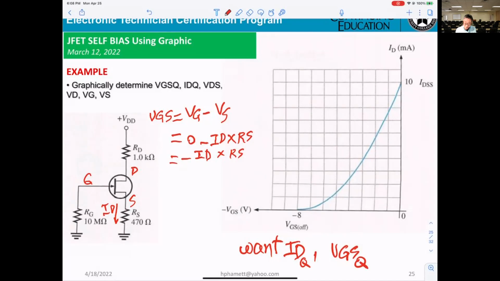So, like we already said, you need 2 points. First thing, I need point A. Okay, that's the VGS. Now, at point A, you set ID equal 0.